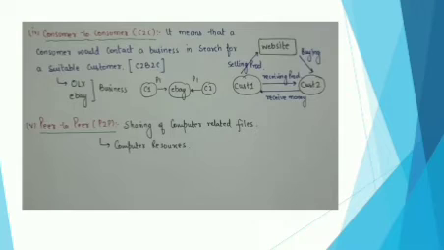that is called consumer to consumer e-commerce. The last one is peer to peer e-commerce. Here, sharing computer related files or computer resources. With the help of the internet we can share computer resources, such as a mouse, keyboard, hard disk, DVD drive, CD drive.